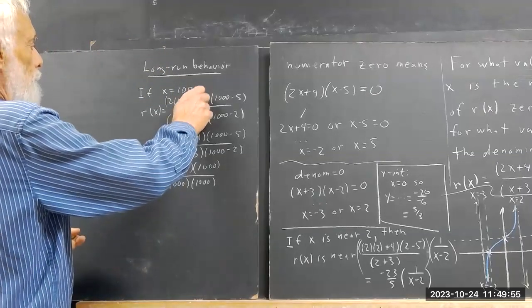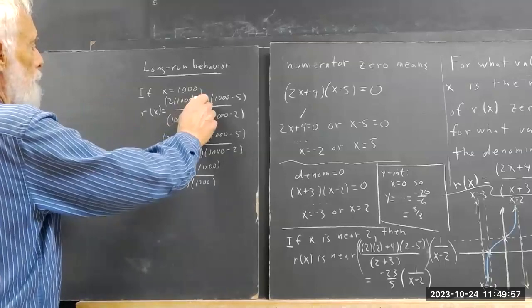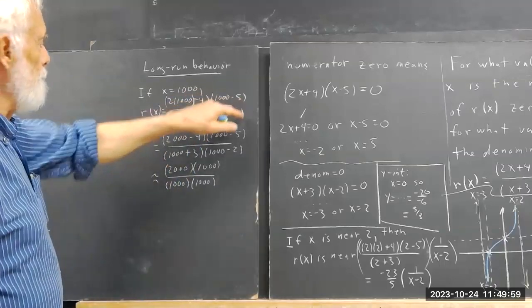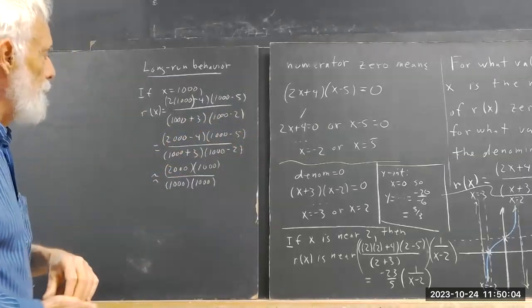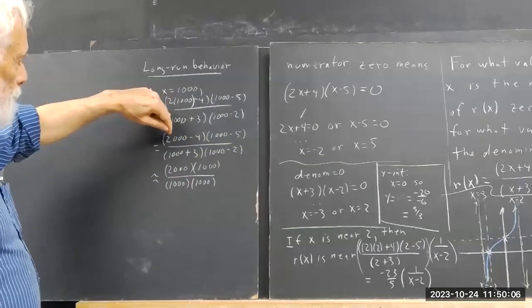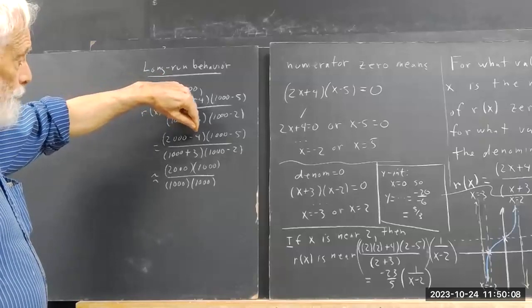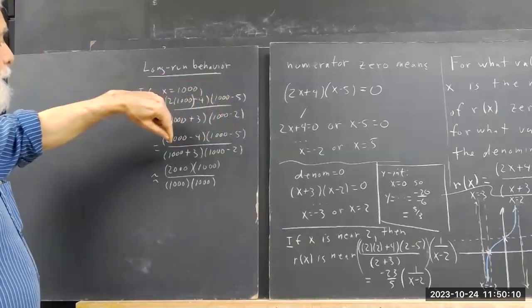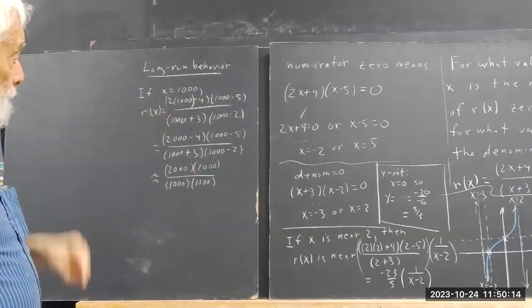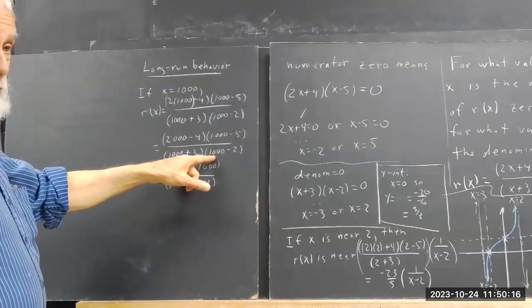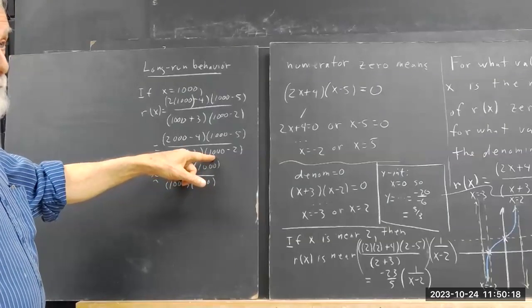2 multiplied by 1,000 minus 4, 1,000 minus 5, 1,000 plus 3,000 minus 2, you know that. And if you look at the numbers, you get 2,000 minus 4, 1,000 minus 5, 1,000 plus 3, and 1,000 minus 2. Now, 1,000 minus 2 is 998, and that's really close to 1,000, right?